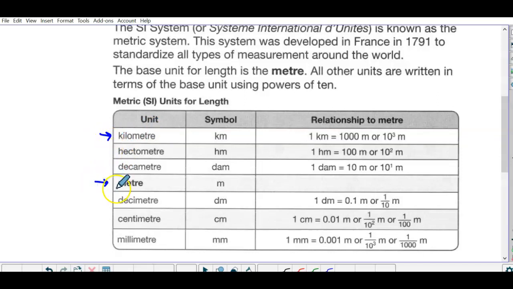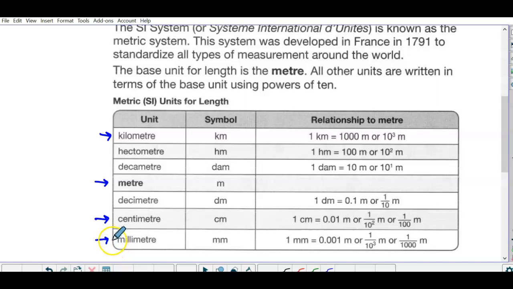Meter is for shorter distances, but still frequent. That's close to a yard in imperial. Kilometer is similar to miles in imperial. Centimeter we use a lot, and we also use millimeter. So really there's 4 that we use most frequently.